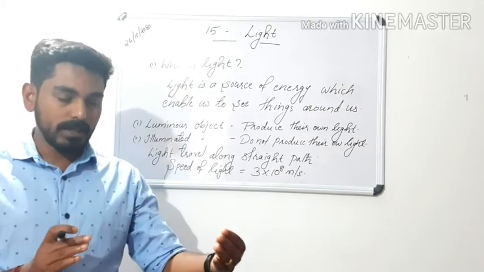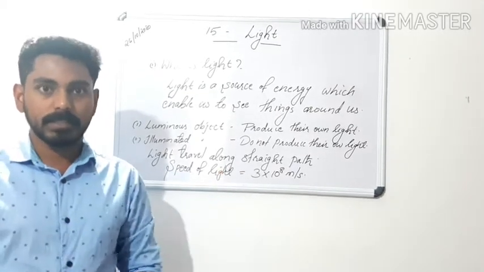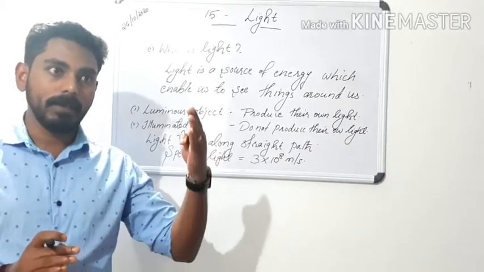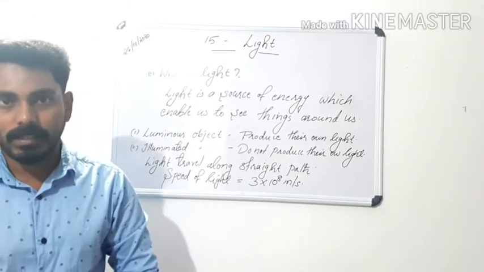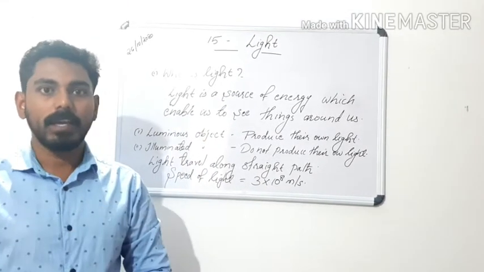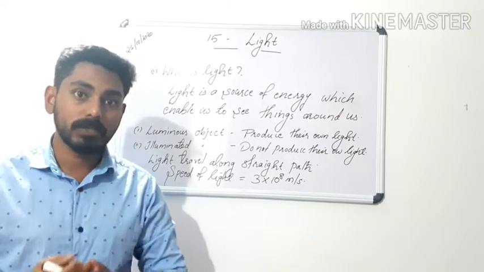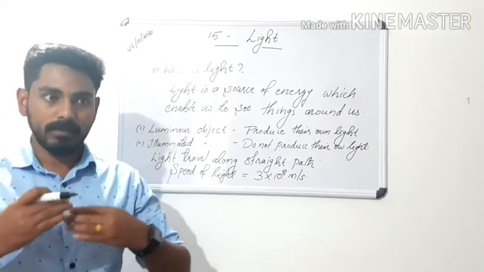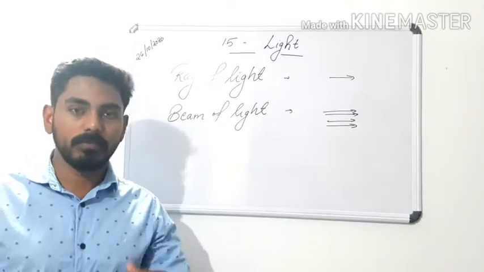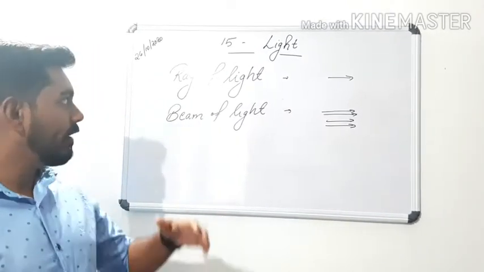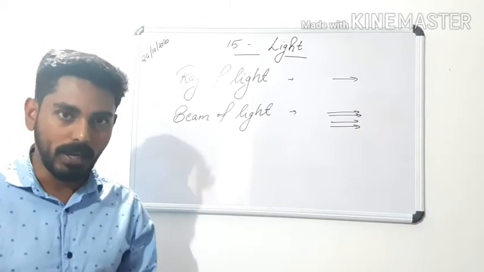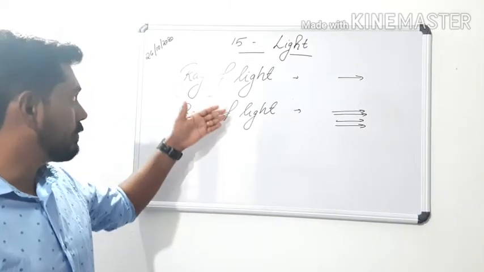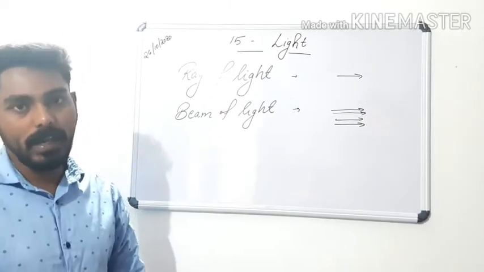As discussed so far, light helps us to see the things. Besides this, light also helps us to see our image in the mirror. Now before we go ahead with the properties of light, let us discuss two terms: a ray of light and a beam of light.